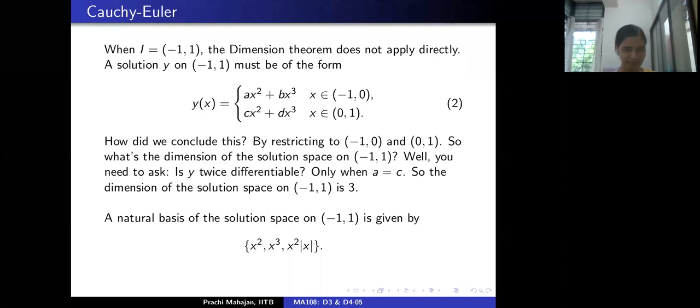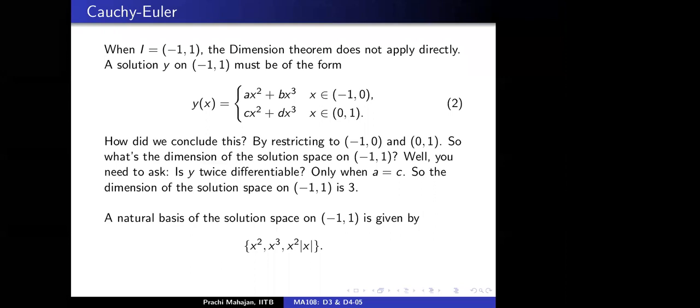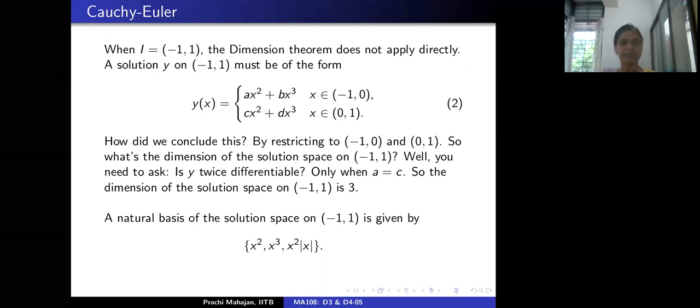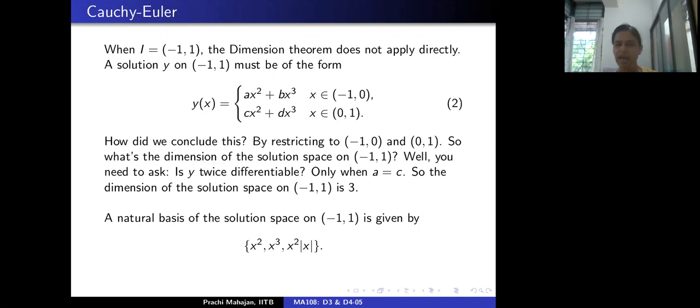Yes, ma'am. Is that okay? See, I'm forced to take this because any solution has to be a linear combination of x square and x cube, right? So that leaves very little choice. I'll just pause and wait for you to ponder this.